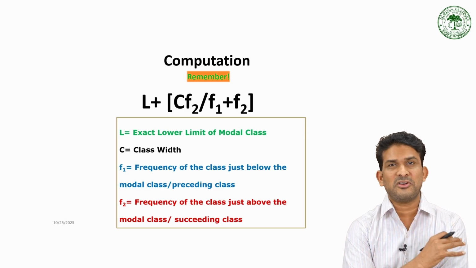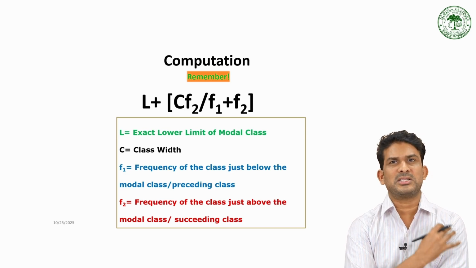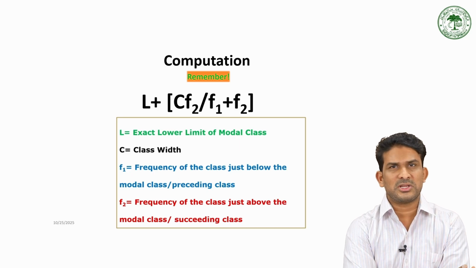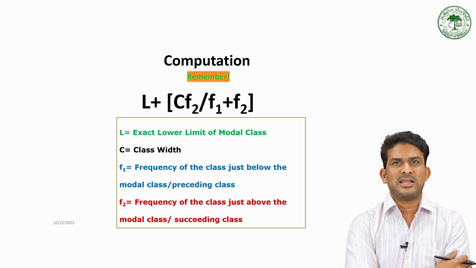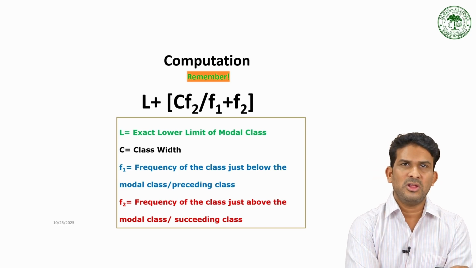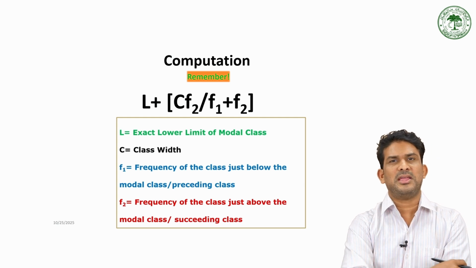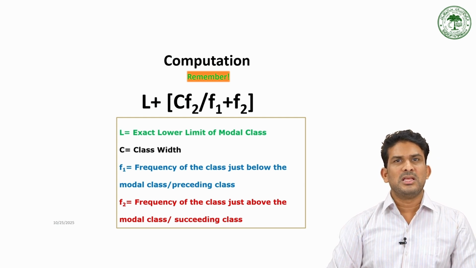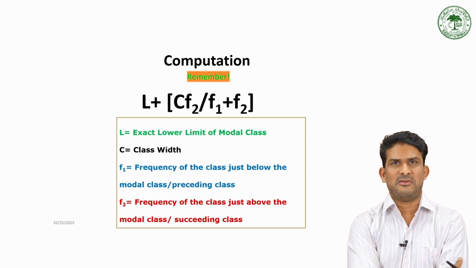Because in the case of exclusive distribution and inclusive distribution, you may get confused. In the exclusive distribution, it is very clear, but in the case of inclusive distribution, students may get confused when they take the difference between upper and lower limit. It is not the right way. The way is the difference between any two consecutive or adjacent upper limits or lower limits.